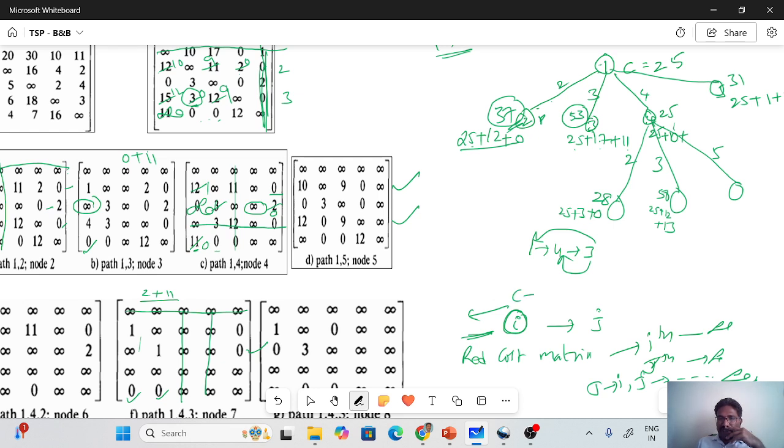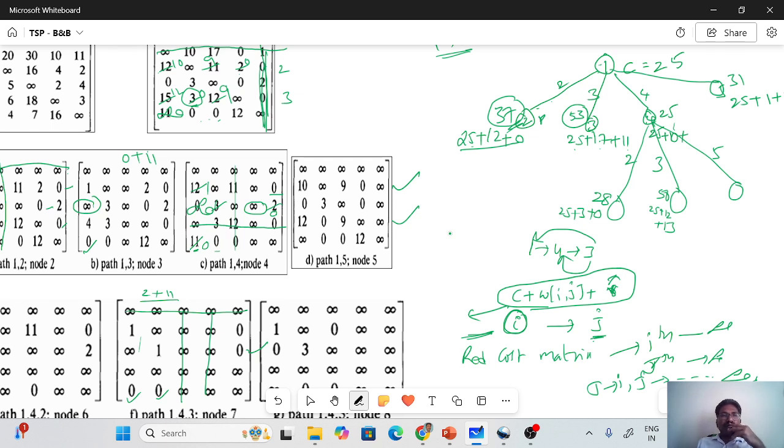That cost plus what is the edge cost of I to j? That is nothing but weight of I to j plus the reduced, either row reduced or column reduced. If you have anything, that we are going to add, that is the cost at node j.